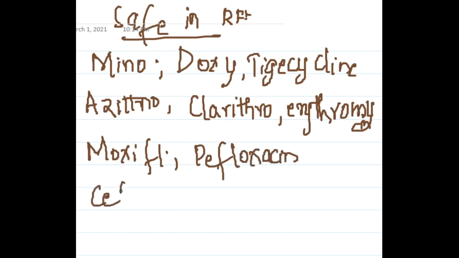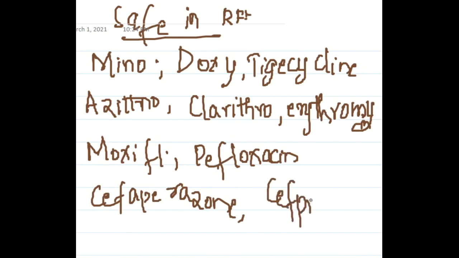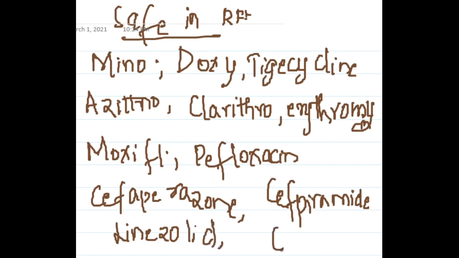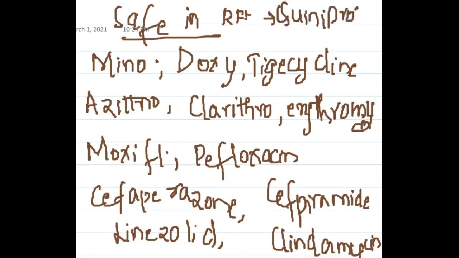Then cephalosporins like cefoperazone and cefpiramide are safe in renal failure. Then oxazolidinones like linezolid are safe, and lincosamides like clindamycin are also safe in renal failure. Then we have streptogramins like quinupristin and dalfopristin, which are safe in renal failure.